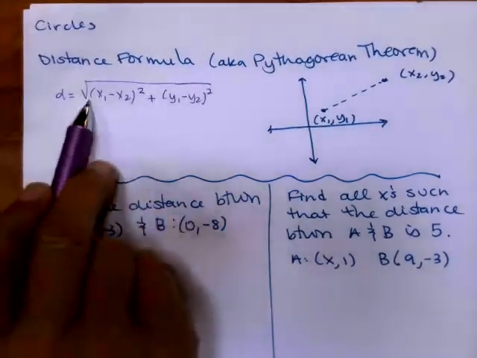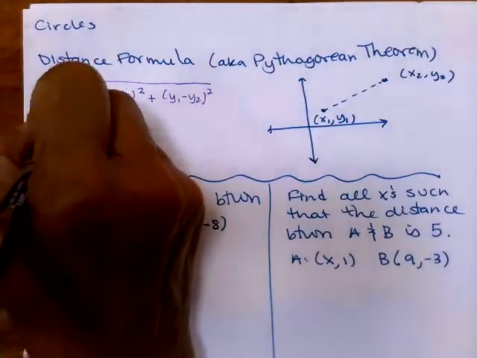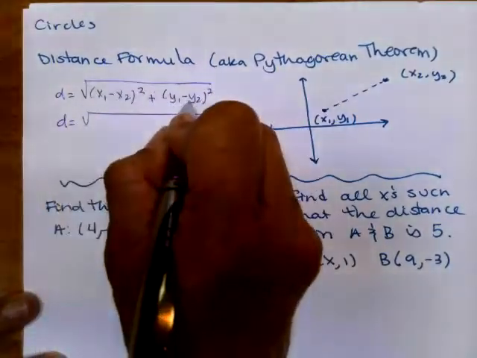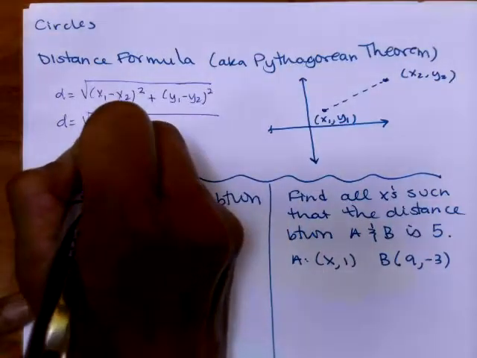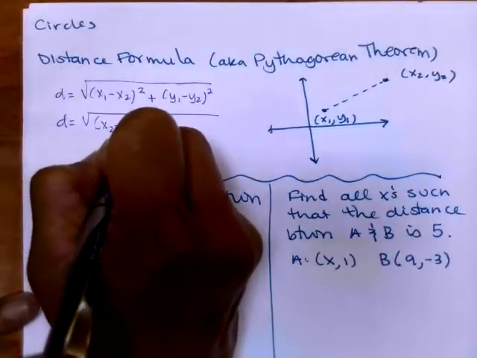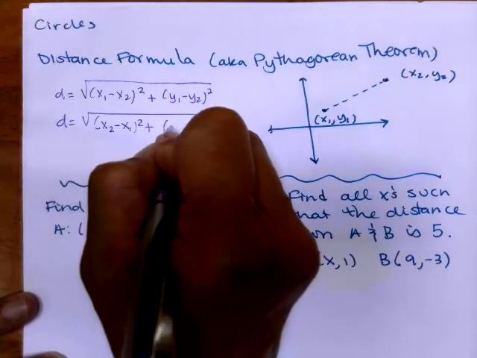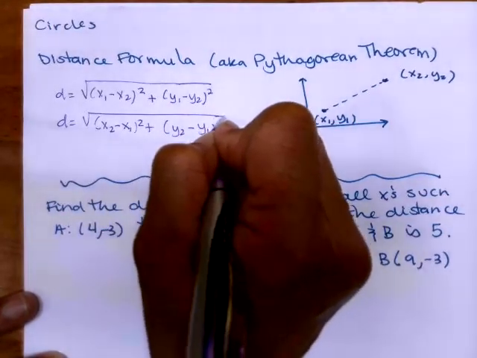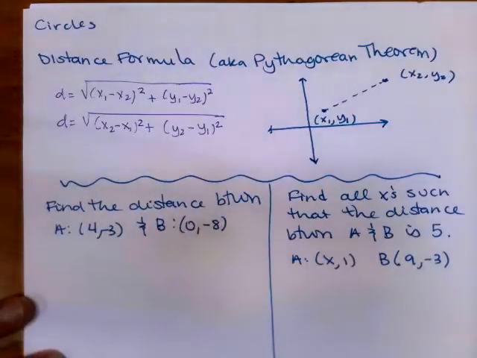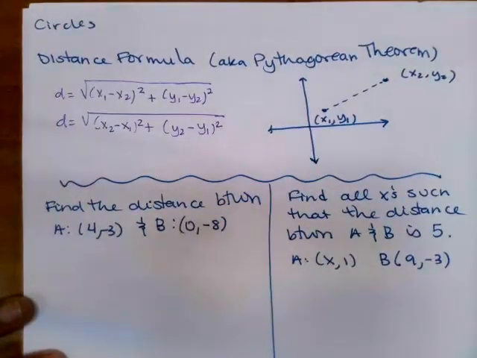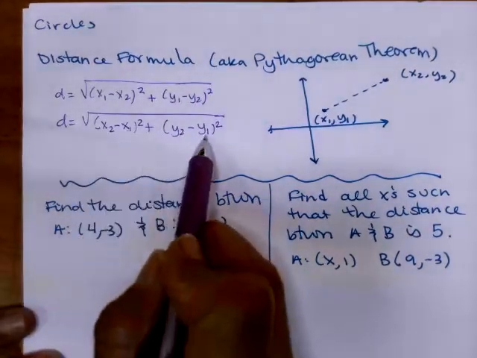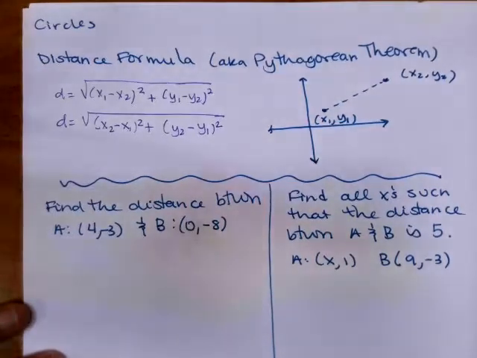Another is you could switch the order that you do your differences underneath the radical, and you could do x sub 2 minus x sub 1 squared plus y sub 2 minus y sub 1 squared, right? You get a little leeway with the distance formula because of the squaring. You can actually mess up a little bit and swap the order, as long as x's are x's and y's are y's, and you're good.